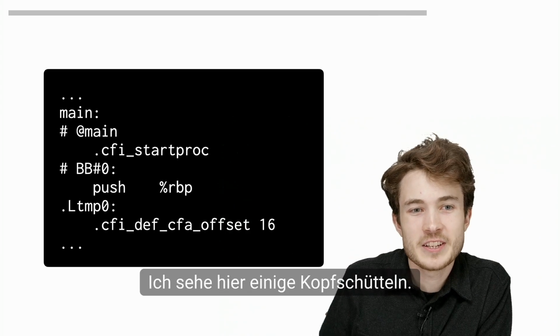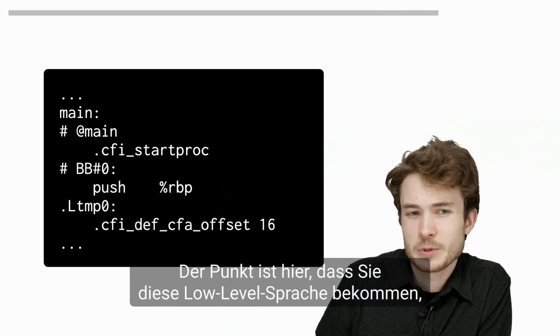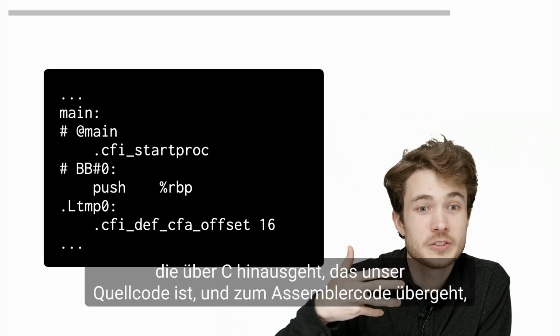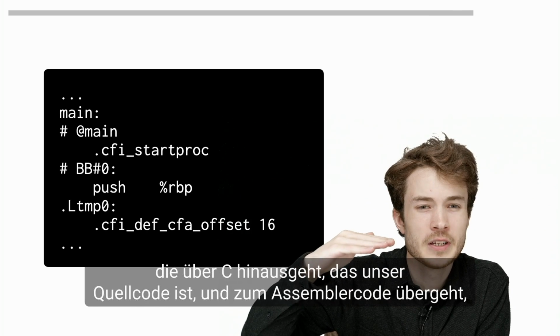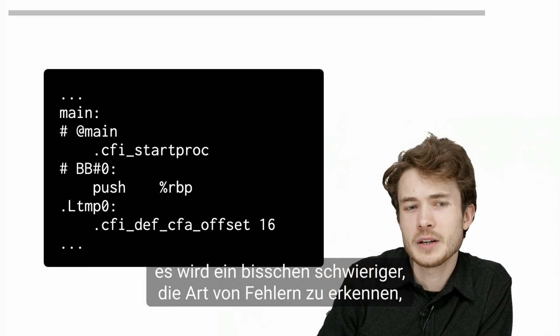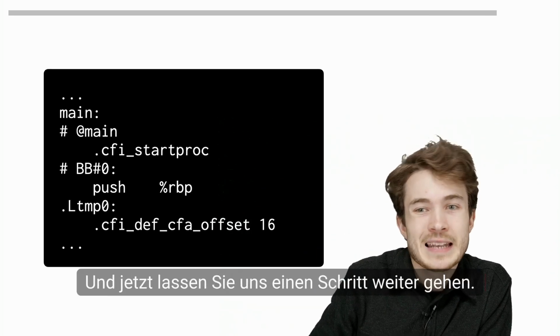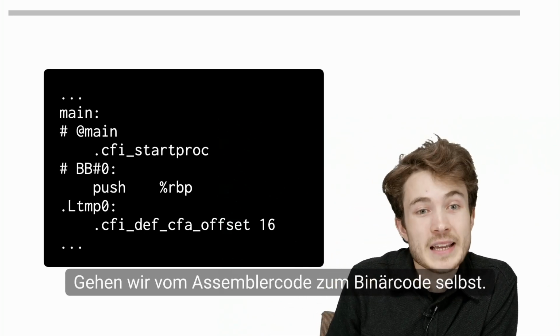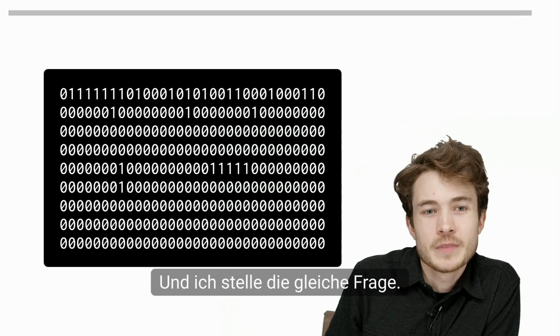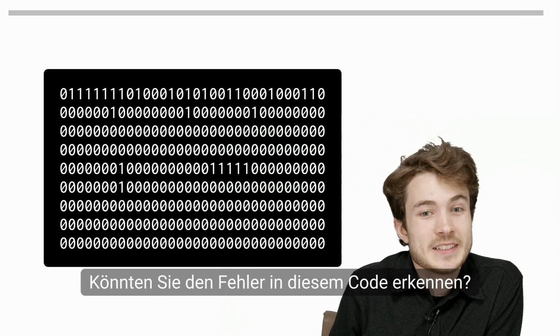I'm seeing some shaking heads here. So the point here is that if you get this lower level language going beyond C, which is our source code, moving to assembly code, it gets a little harder to spot the kinds of bugs that arise in our programs. And now let's take it one step further. Let's go from assembly code down to the binary itself, and I'll ask you the same question. Could you spot the bug in this code?